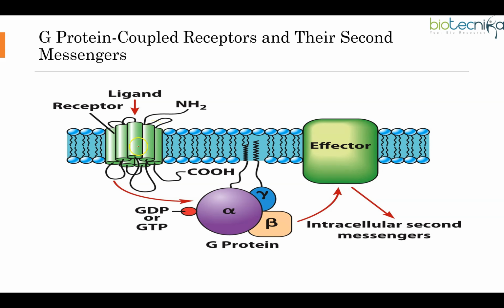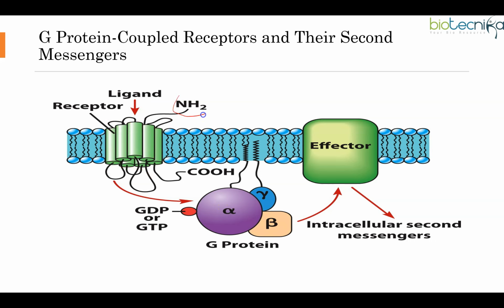Let me tell you the most important points. Here there are three extracellular loops in the receptor, as you can see. First of all, there are 7 transmembrane passes of this receptor, and three loops will form the ligand binding domain, and 3 loops towards the inside will form the cytosolic domain for binding to some other proteins.